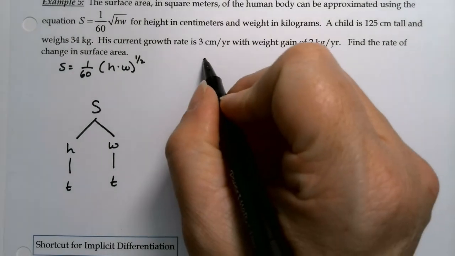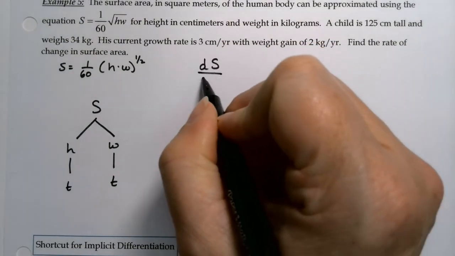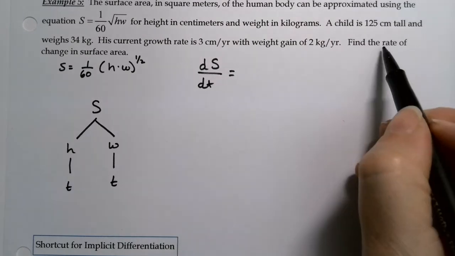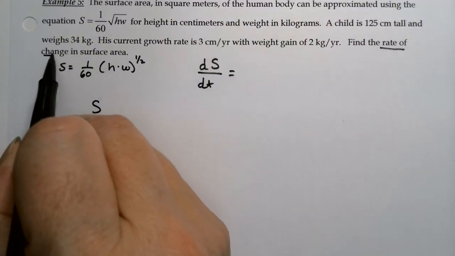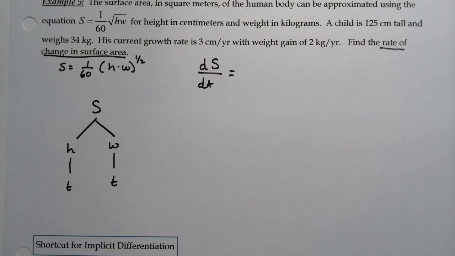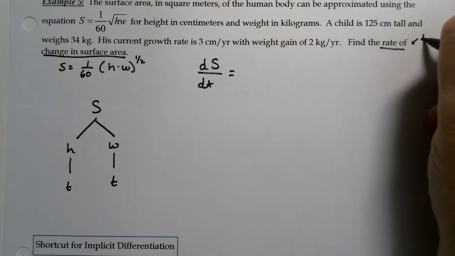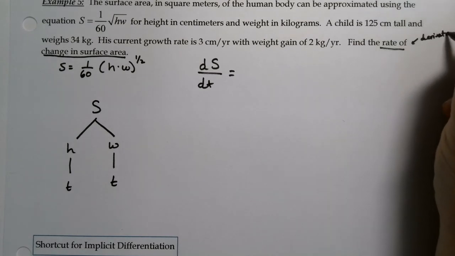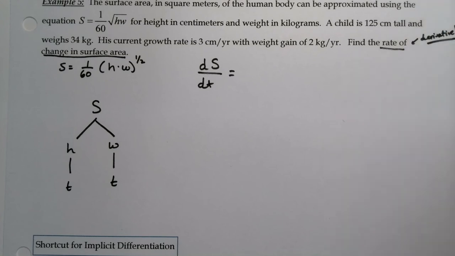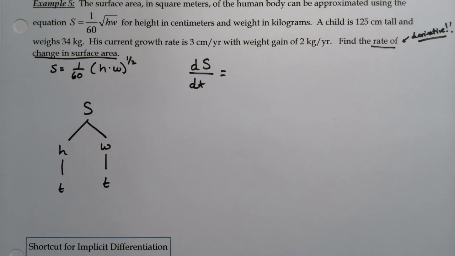The derivative of the surface area with respect to time is what they're asking us to find, because they want the rate of change in the surface area, which means we're looking for the derivative. Derivative is rate of change. We learned that in Calc 1. Okay, so we're going to have to break this down into some pieces.